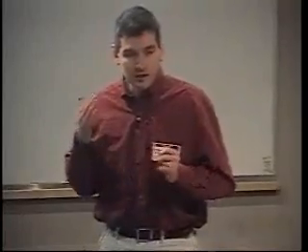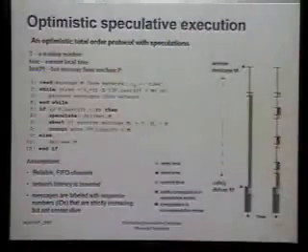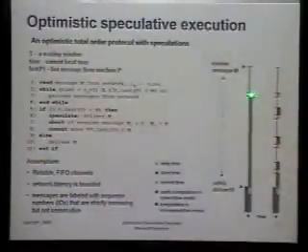The optimistic execution would say, I receive a message, I know most of the time I'm correct, so I just say this is the next message that I have to deliver to my application. And this is what we do here. You start a speculation, and you say, this is the message that the application should process.